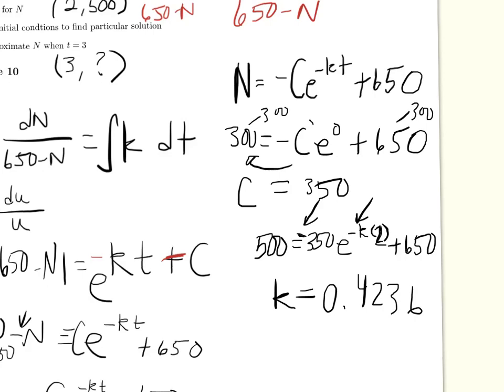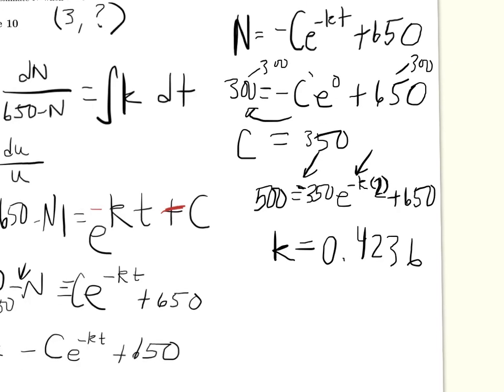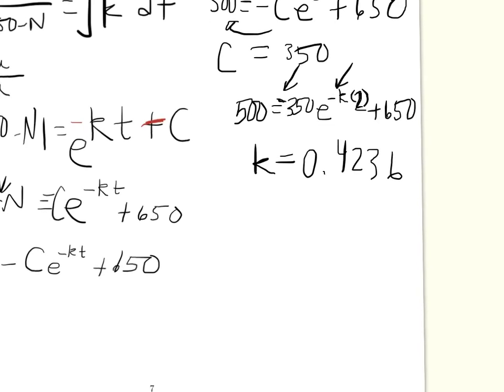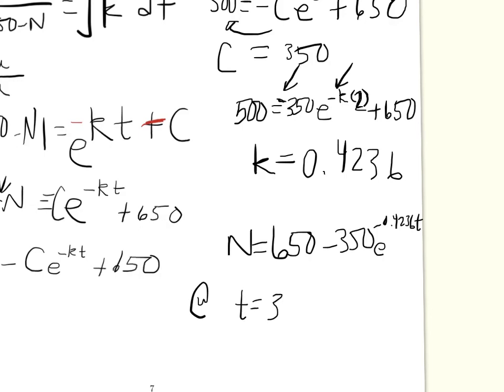So it ends up being increasing, which is what we would assume. Once we have our final equation, n equals 650 minus 350 e to the negative 0.4236t. Now we can find out at t equals 3, n is 552. So it keeps increasing, but not quite as quickly.